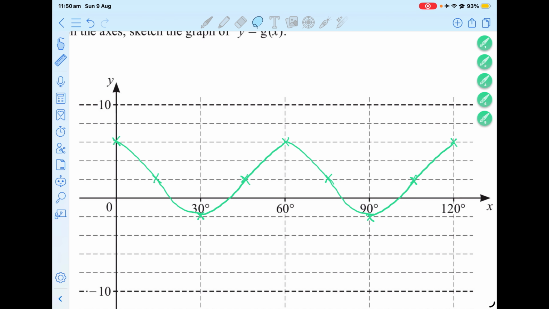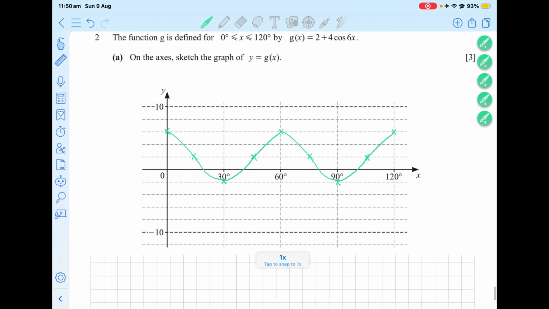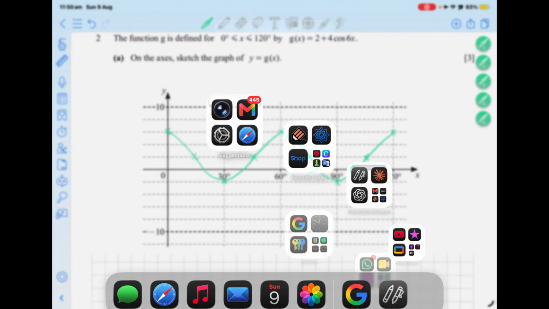And yeah, I know it looks very weird, and that's why we're going to use Desmos. So this is a graphing calculator app. So let's see, y equals 2 plus 4 cos 6x. Let me just check that. Yeah.